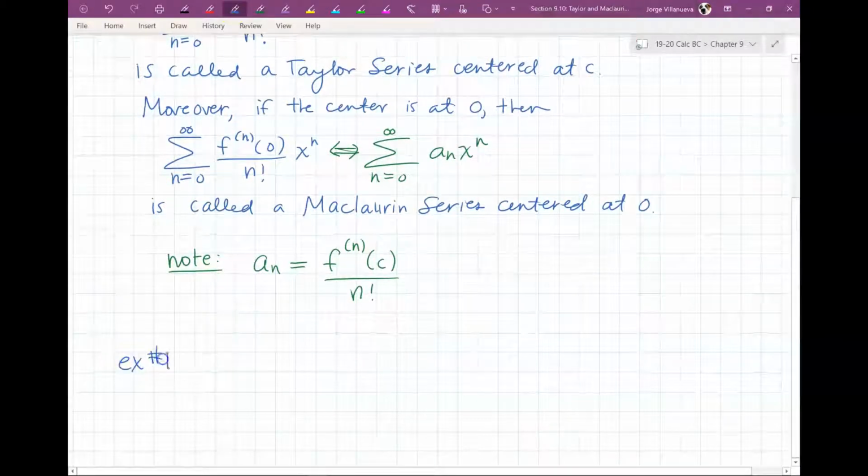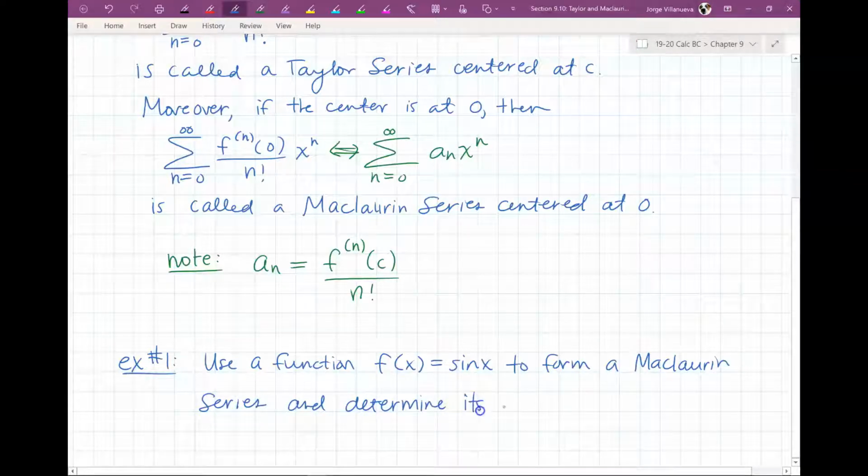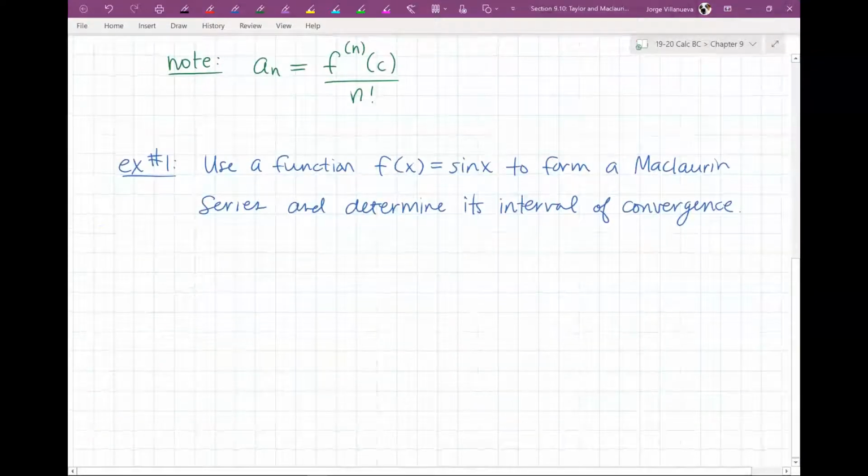Example number 1, we're going to use a function f of x equal to sine of x to form a Maclaurin series and determine its interval of convergence.